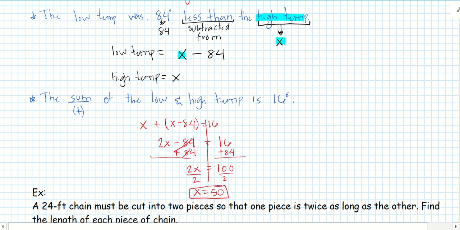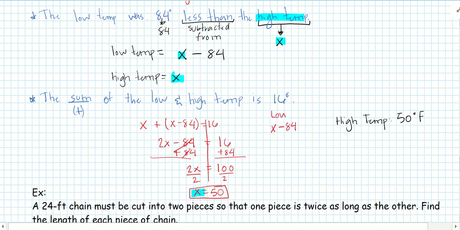So what does that mean? That means that the high temperature, because the high temperature is the X, right? Remember, we found X. So that means that the high temperature is 50 degrees Fahrenheit. And then the low temperature will be that value minus 84, so I will take X minus 84.